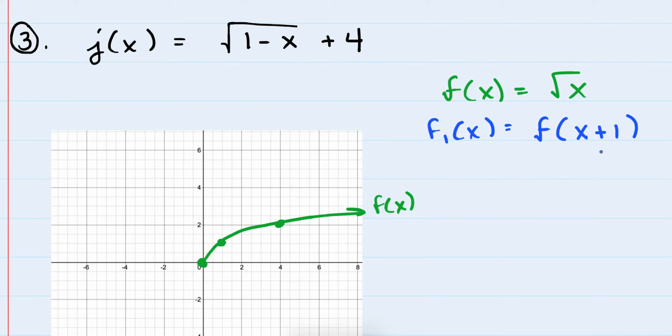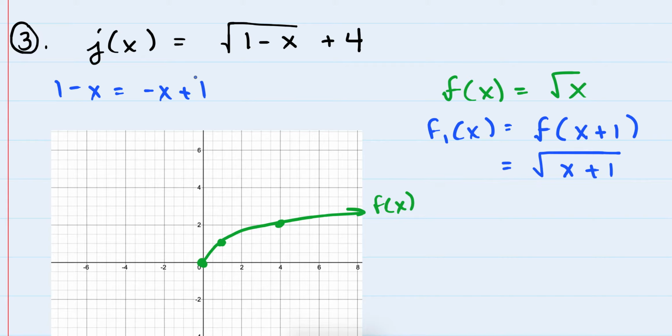And you'll see in just a second how I'm going to make this a negative. If I plug in x plus 1 into this, I'm going to get the square root of x plus 1. Not exactly what I want, but this negative 1 minus x is the same thing as negative x plus 1.